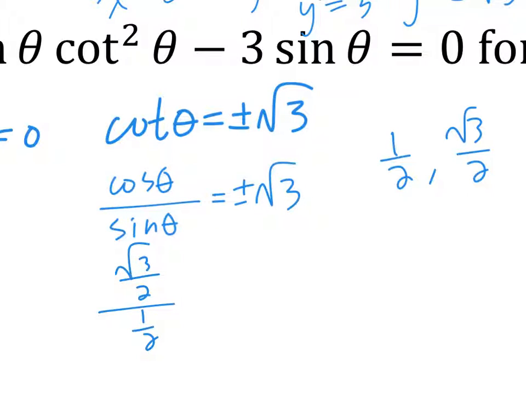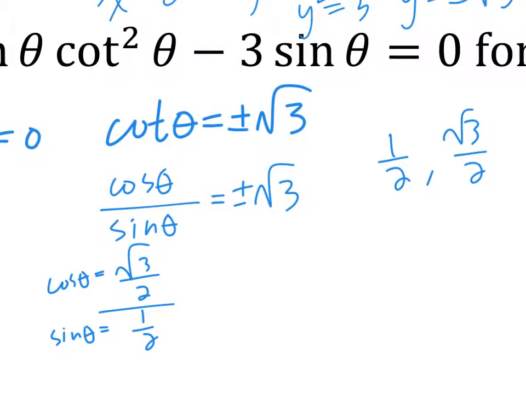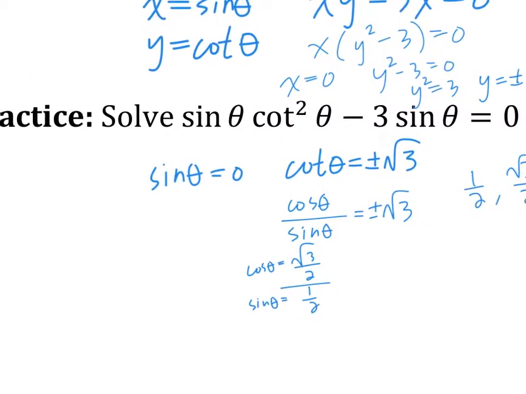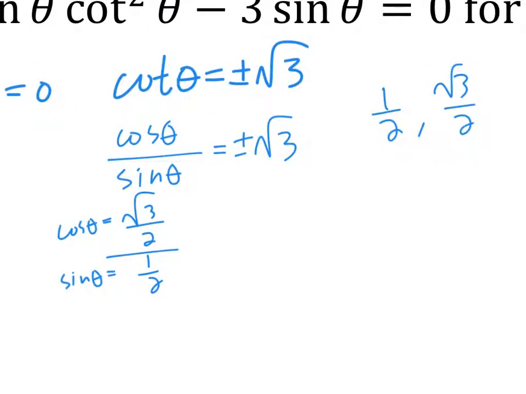So I know this has to be square root 3 over 2 over 1/2. So cosine has to be square root 3 over 2, and then sine has to be 1/2. So think about your angles. Which one will give cosine a square root 3 over 2 and sine automatically becomes 1/2? Okay, let's do 30.